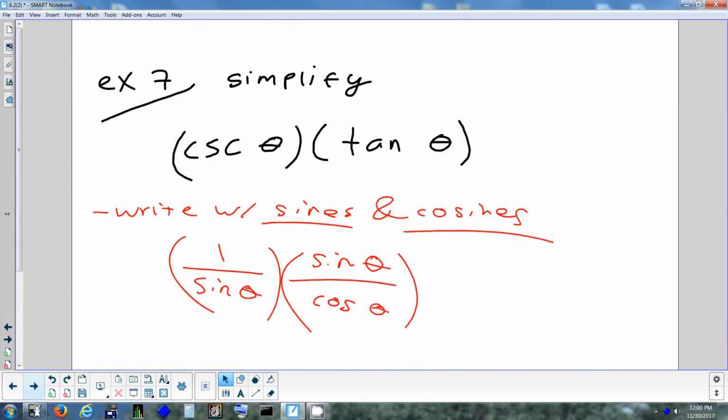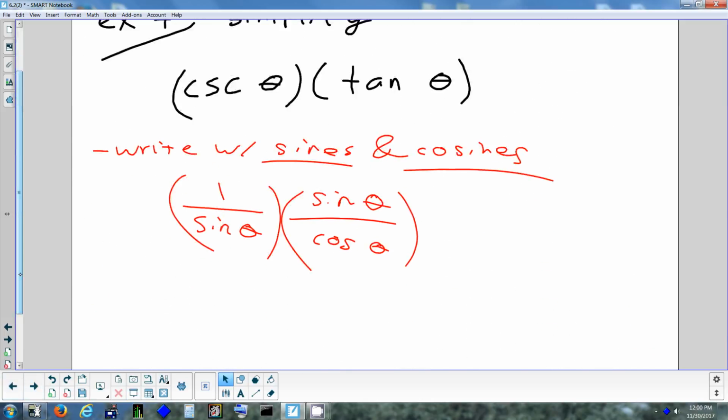The goal when you do this is hopefully something cancels out. If I multiply those together, does anything cancel out? The sine. It's kind of like multiplying 1/3 times 3/5. If you have the same thing in the top and the bottom, it cancels out. So what are you left with?